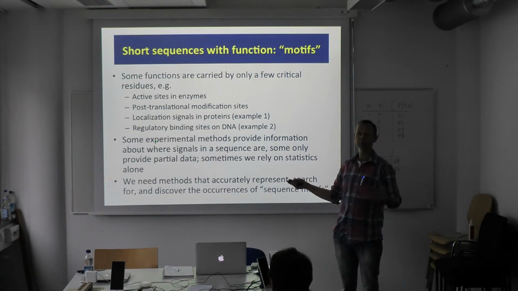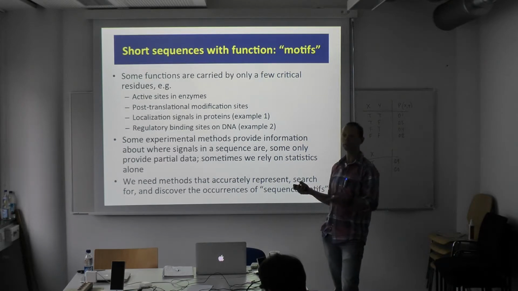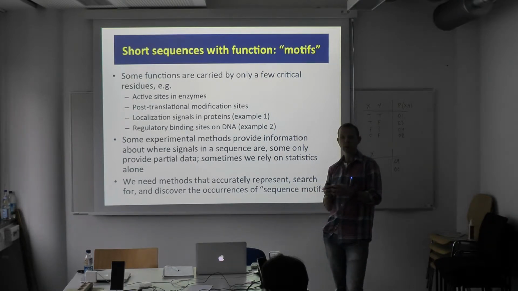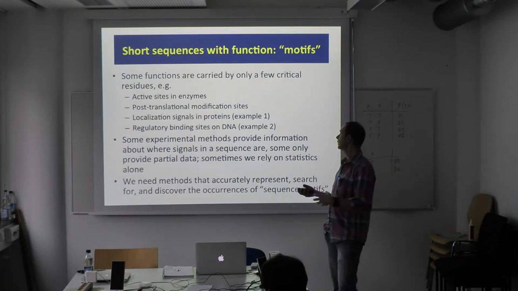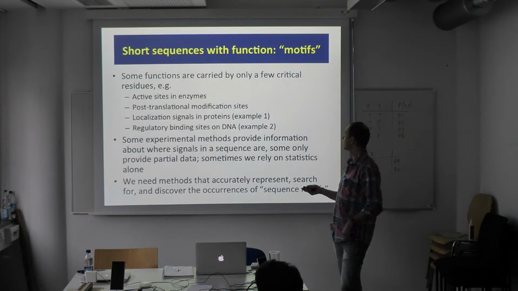Some where the experimental data will be very rich. We might have structural information that will pinpoint exactly what kind of interactions are core to a particular process that involves a sequence motif, and we can maybe identify the motif from there.